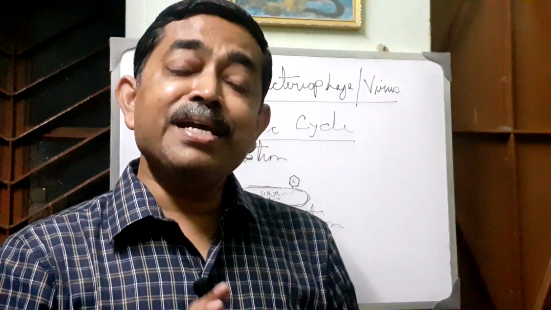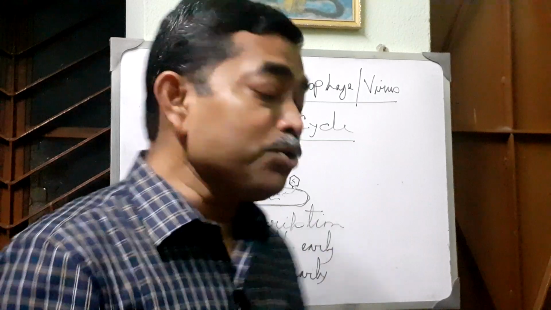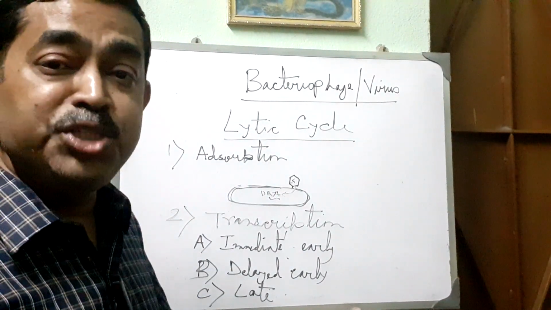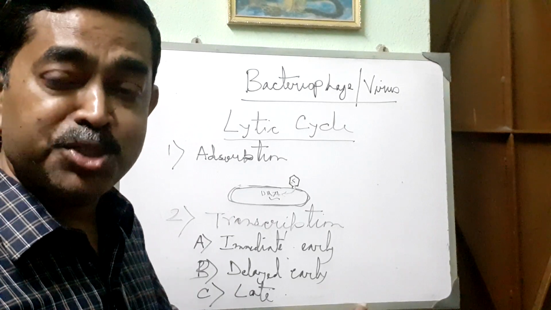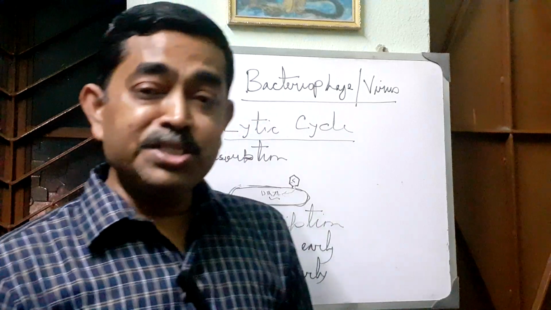And then they will also modify the RNA polymerase to produce the delayed early gene transcription. What will happen in this case?